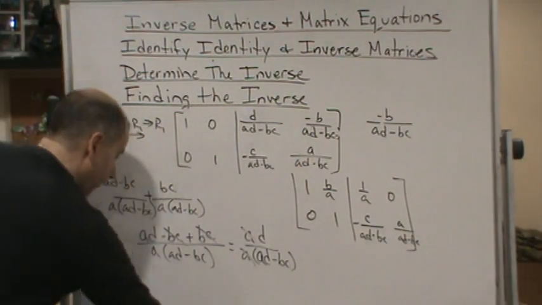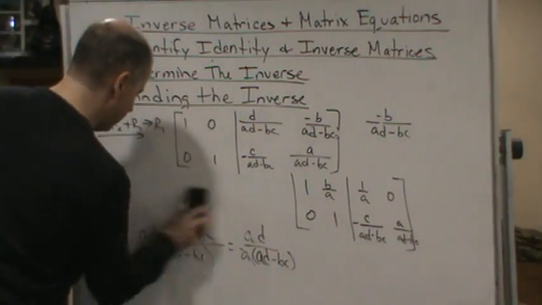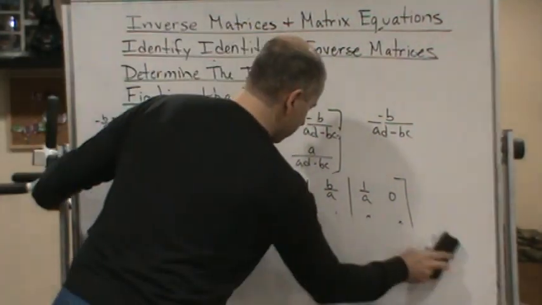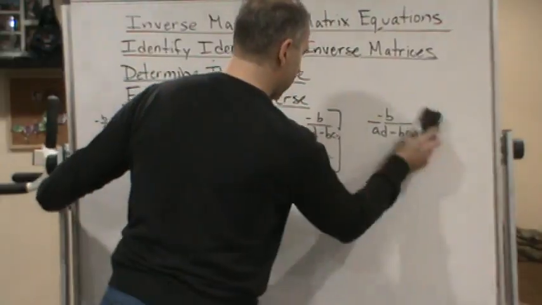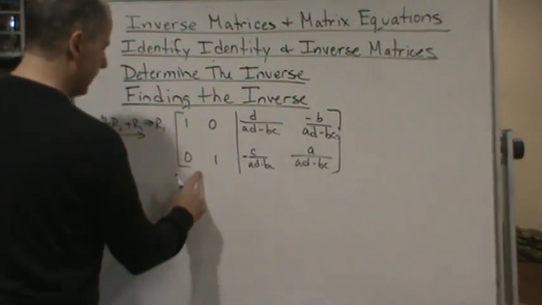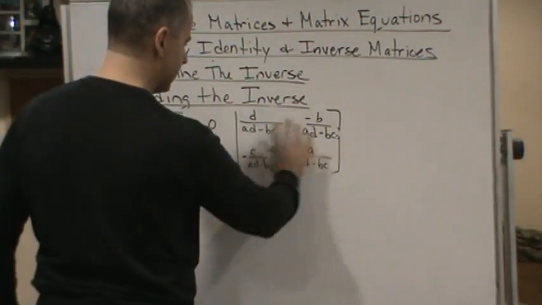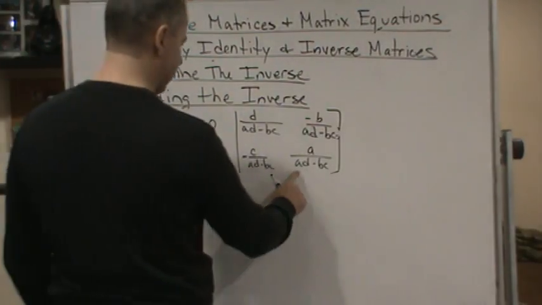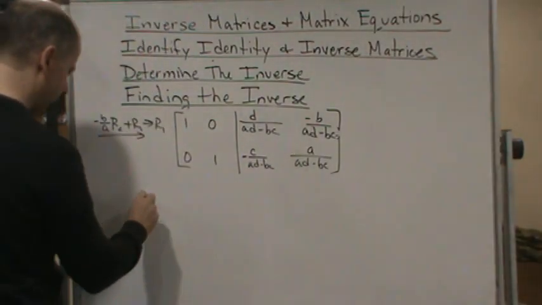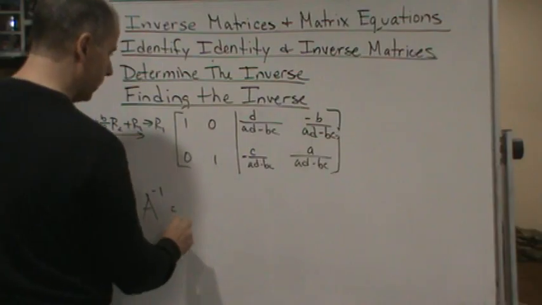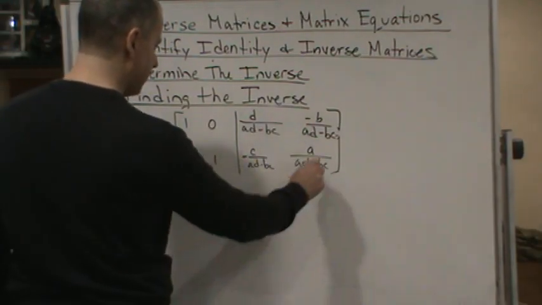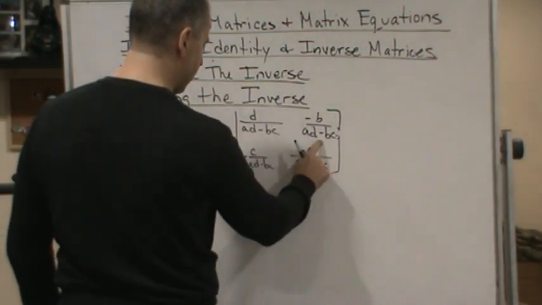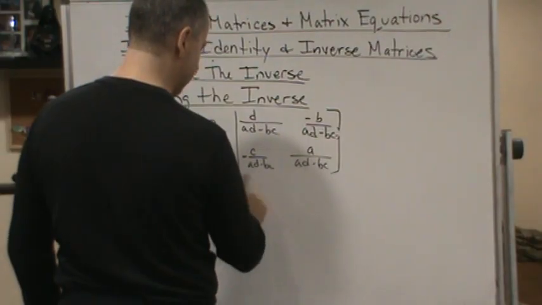All right, so now I'm done because I got the identity over here. So this has to be my inverse. Well, let's take a look at this, right? So A inverse is equal to this, but look at this, I've got a common denominator of AD minus BC.